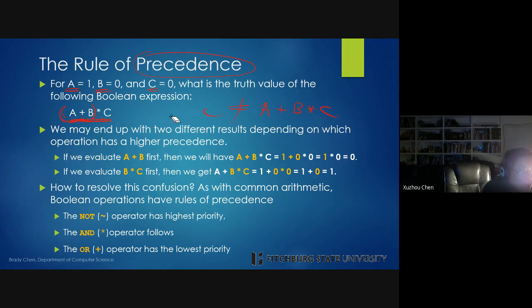But now we're talking about the Boolean operation. Now, Boolean operation, what do we say? We also define the precedence. We basically define the priority for each of the operations like this.